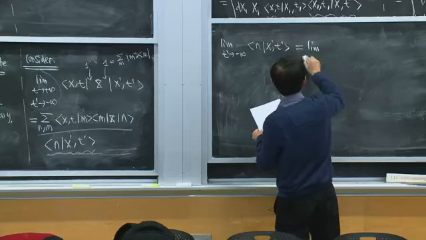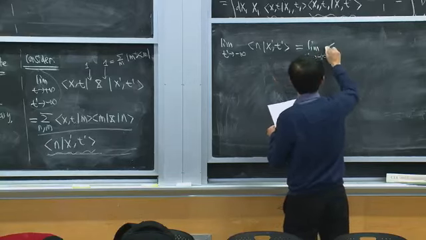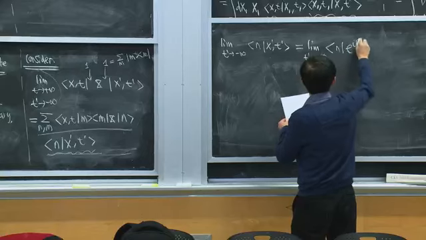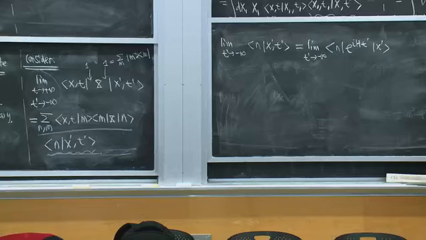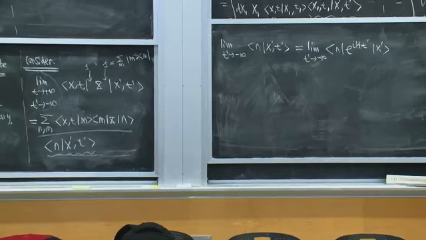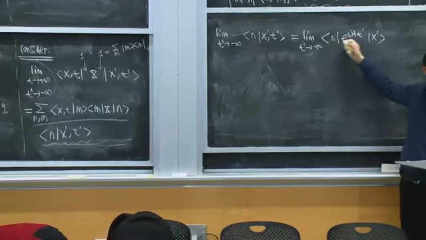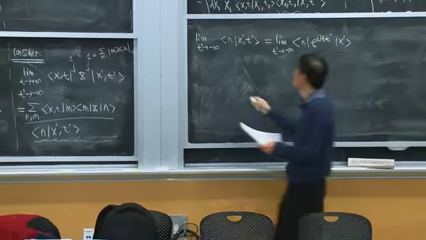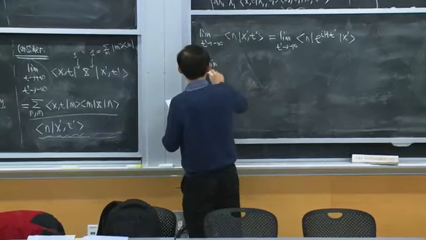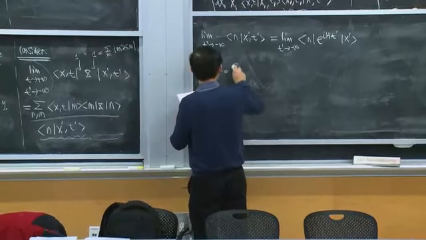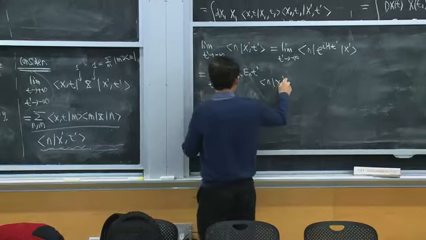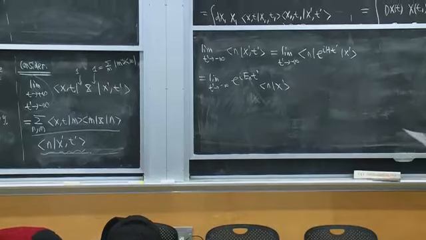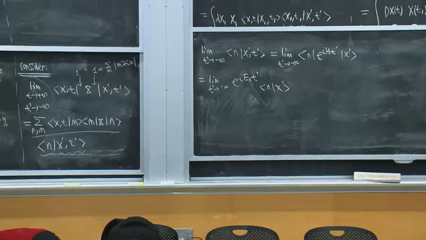We write it as n, then the exponential e to the i H t prime, and then x prime. Now it's the standard Schrodinger picture state. Since n is an energy eigenstate, we can just act with H. So this is equal to the limit t prime goes to minus infinity of e to the i E_n t prime times the overlap of n with x prime.